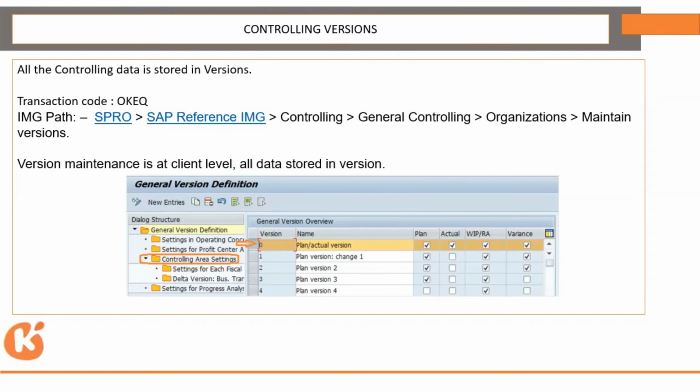So in those places, we have to use different versions, like version 1, version 2. And when we are using a version, we need to make sure that these indicators are activated. Okay, so this is one of the configurations we do, which is at the client level, independent of any chart of accounts. We do not maintain this at any controlling area level. We just maintain it at a client level.